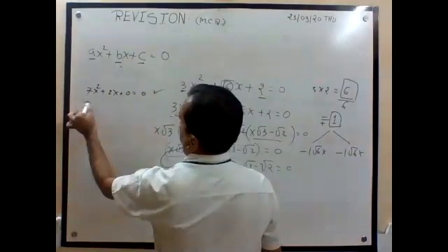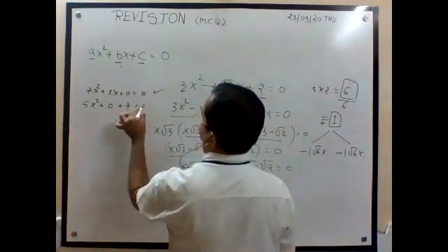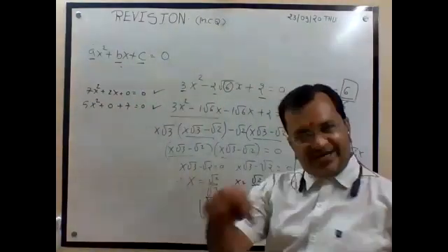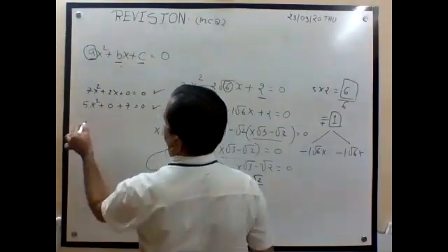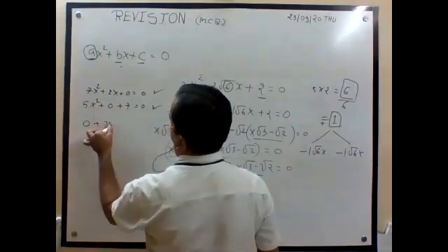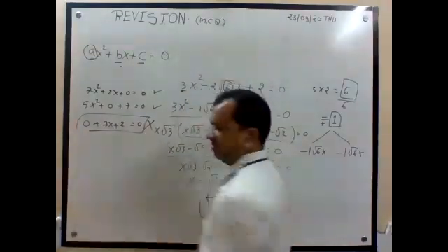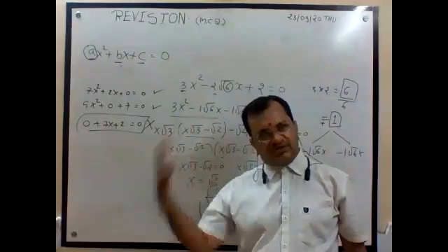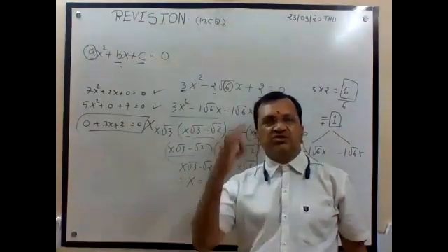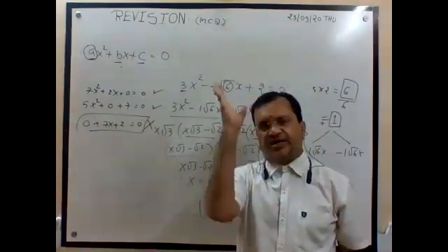If b is 0, 5x square plus 0 plus 7 is equal to 0, then also it is a quadratic equation because of the power 2. But if a is 0, 0 plus 7x plus 2 is equal to 0, it is not a quadratic equation. So when they ask ax square plus bx plus c is equal to 0, which should not be 0 for a quadratic equation? a should not be 0.